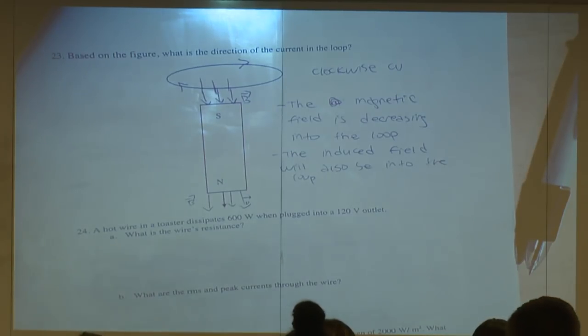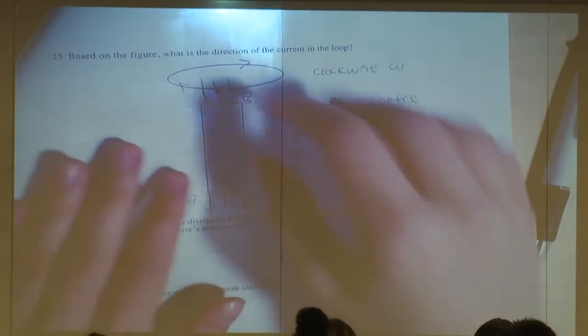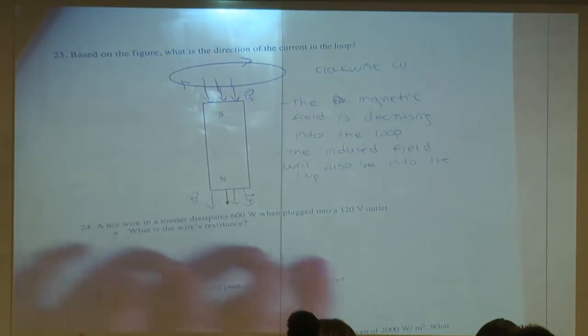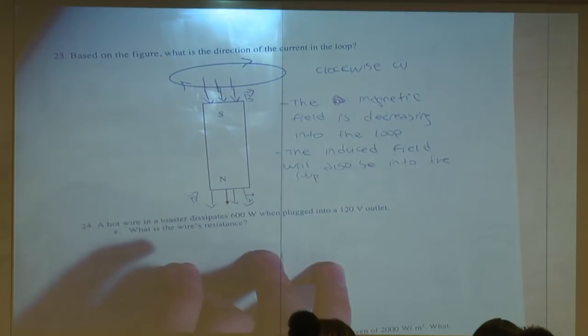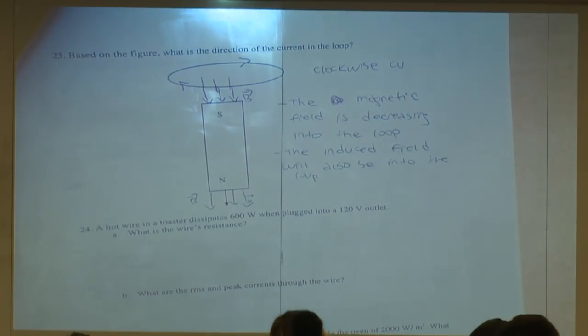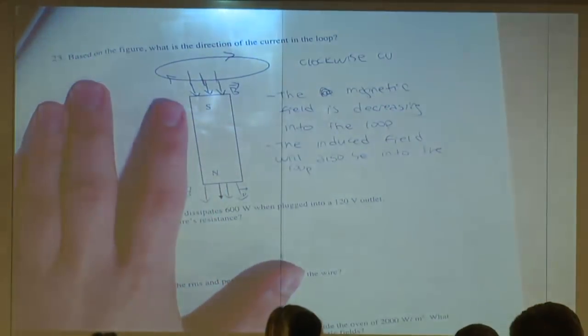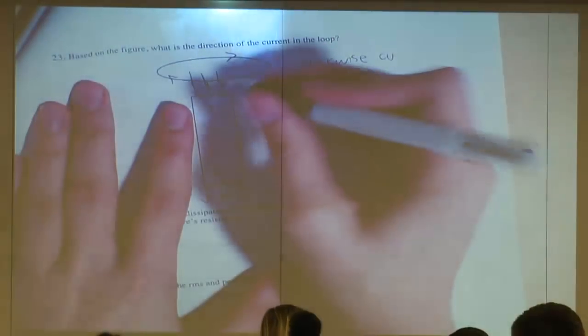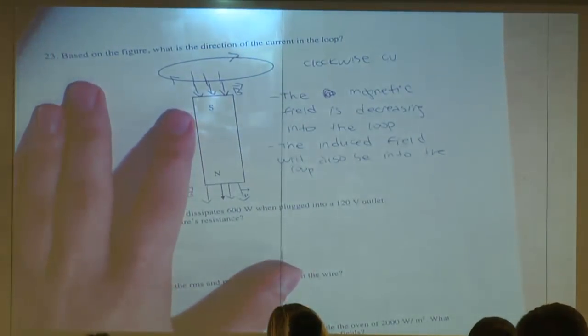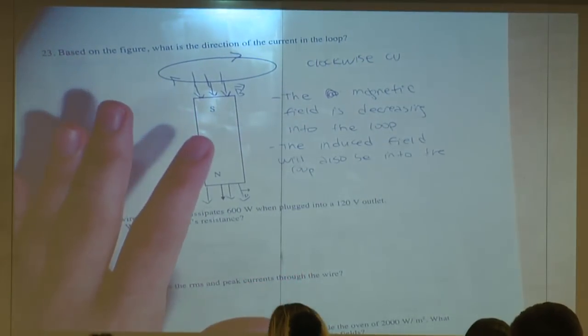Whenever it says it's increasing inwards, then the induced field will be the opposite of that. But whenever it's decreasing, like right now, this is decreasing inwards, the induced field has to be going in that same direction, because since you have less and less going in, it wouldn't make sense to put it in the opposite direction.